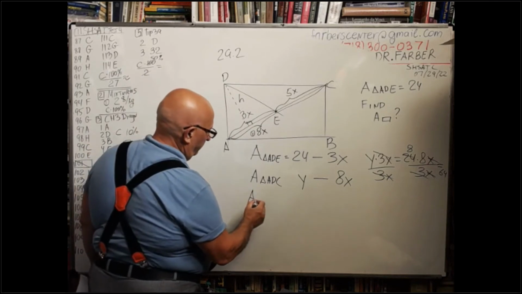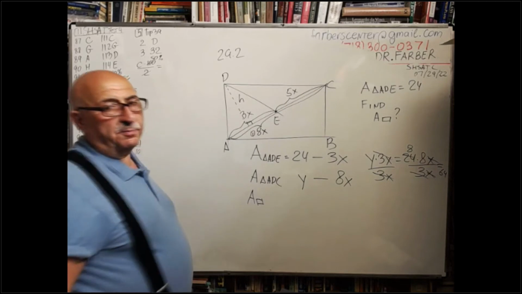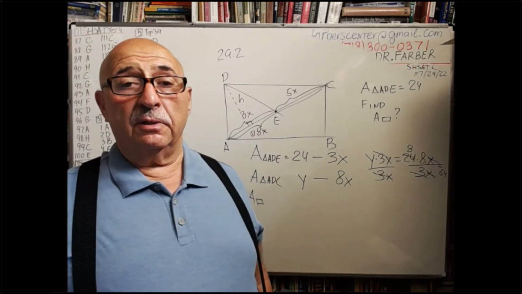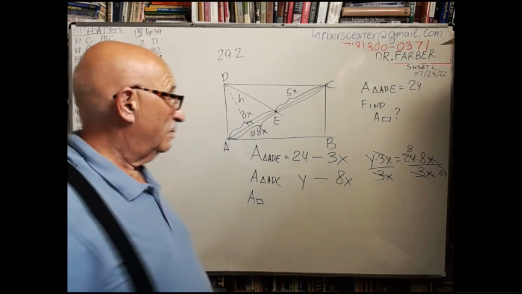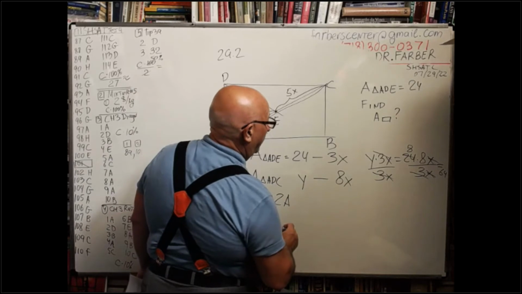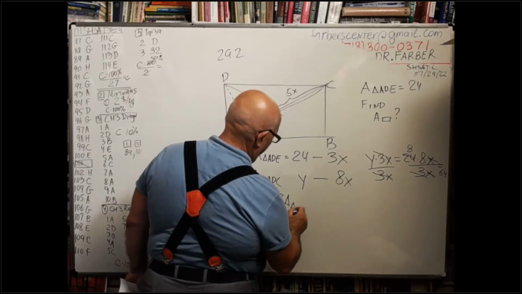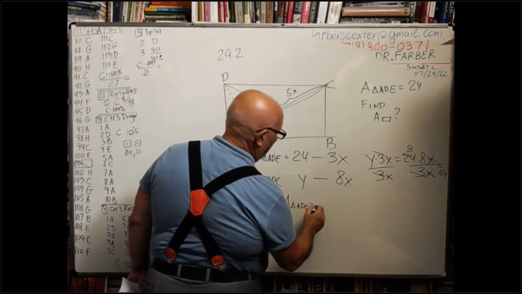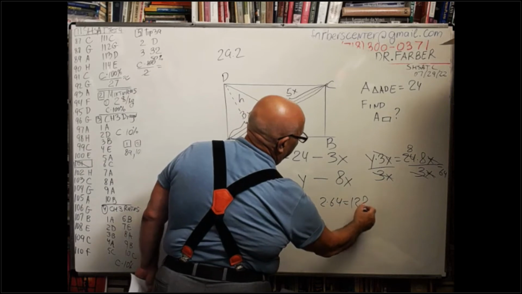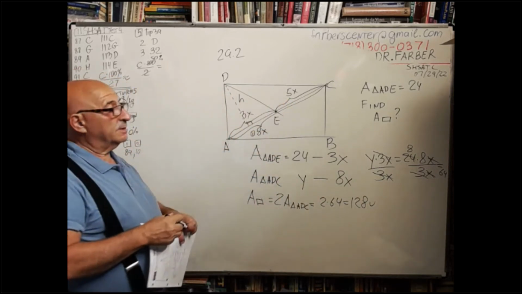You know the theorem: the diagonal of a rectangle splits it into 2 congruent triangles, so the area equals 2 times the area of triangle ADC, which is 2 times 64, 128. Actually, in 2 lines.